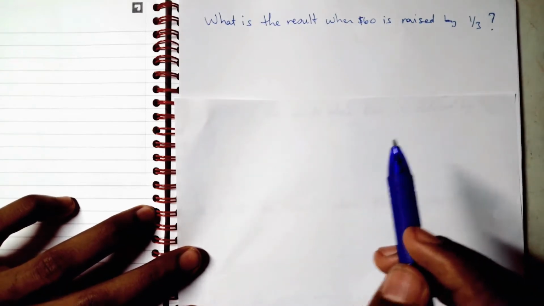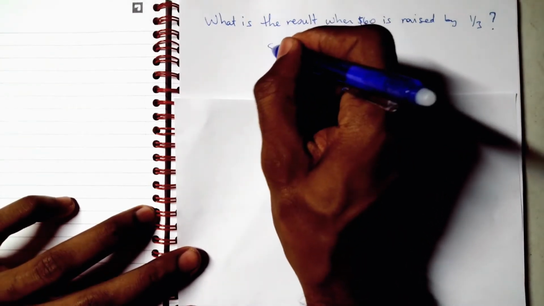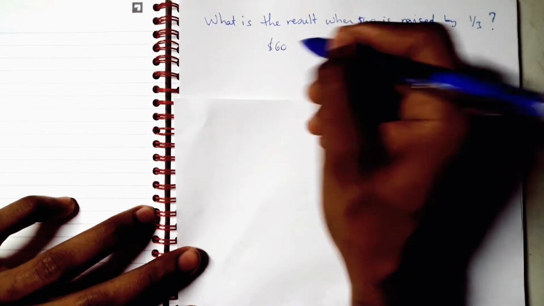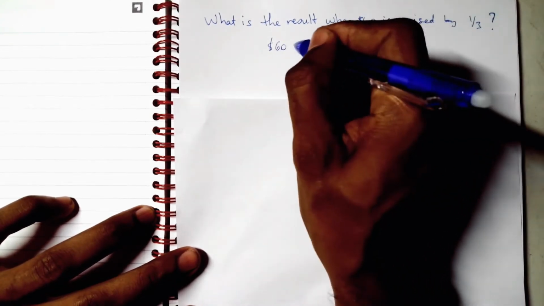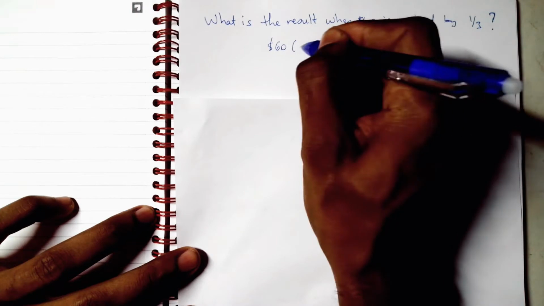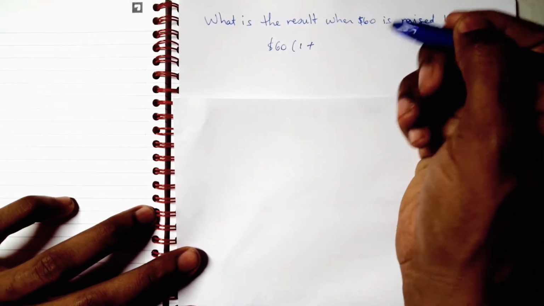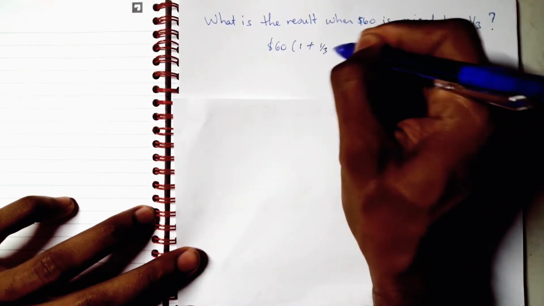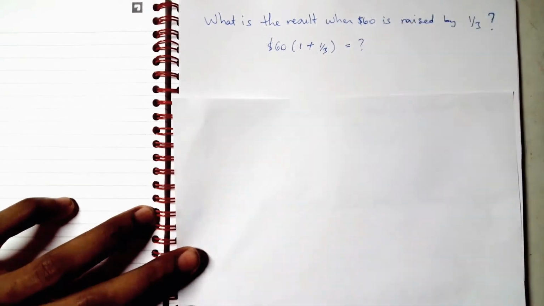The setup is as always. $60 multiplied by 1 plus a third is equal to something we don't know.